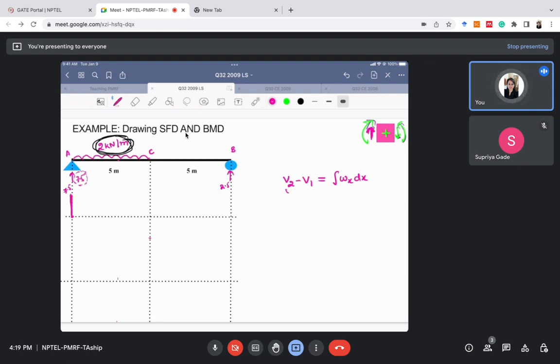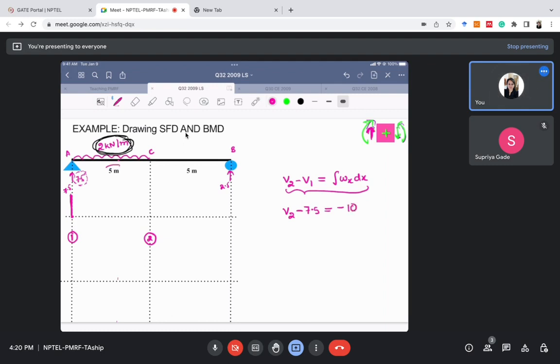So I'll use this formula, V2 minus V1 equal to integral of W dx. Let's call this section 1, and this section 2. Okay, so V2, that is the shear force at section 2, we do not know, right? V2 we do not know, V1 we know as 7.5, and the area under the distributed loading is minus 10 kilonewton.